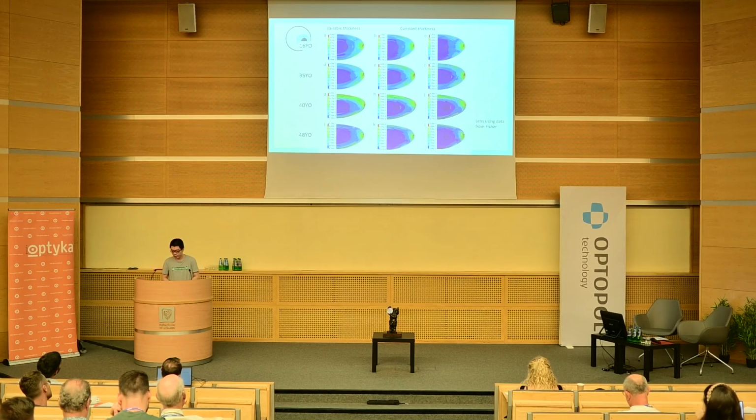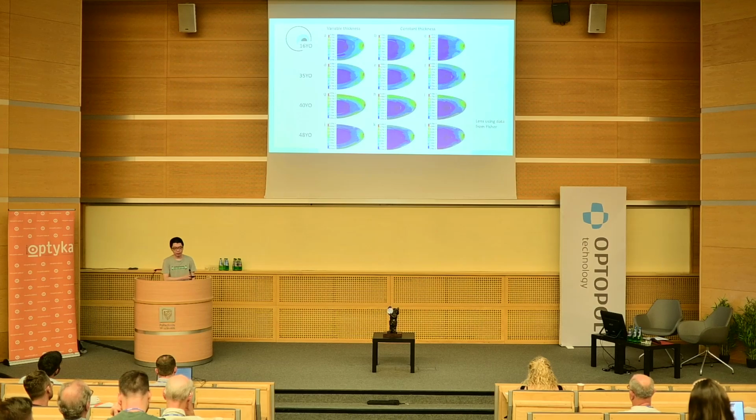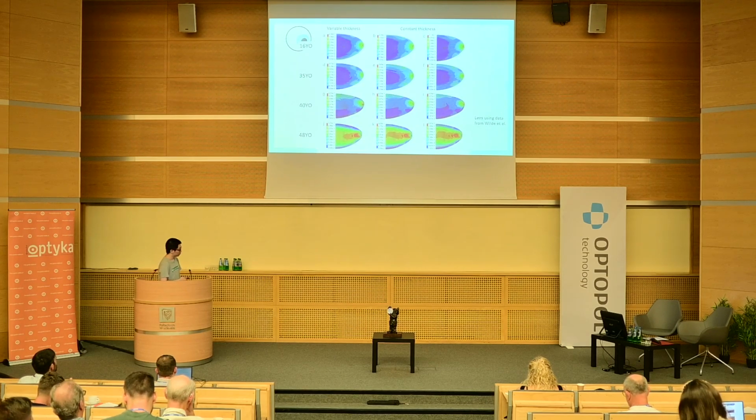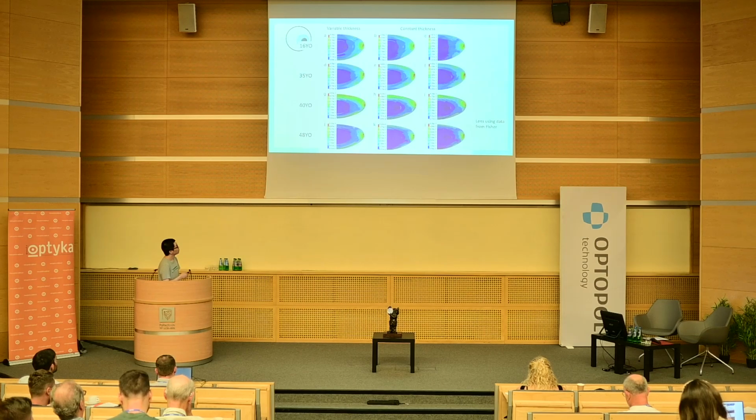This is the von Mises stress result for all the lens models with different capsule thickness using Fisher's data. The red color in the figure represents the maximum stress, and the blue color represents the minimum stress. The second column of the figure is the lens with thin constant thickness capsule, and the third column represents the models with thick constant thickness capsule.